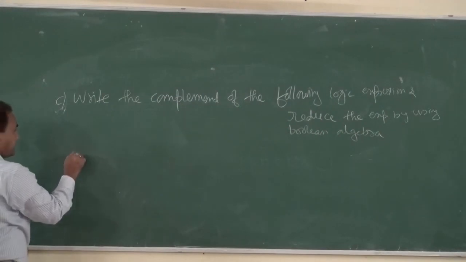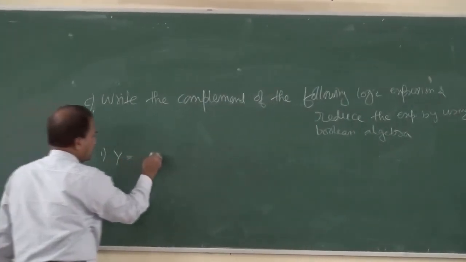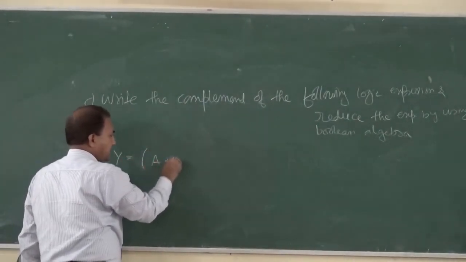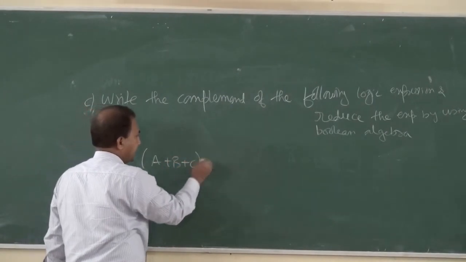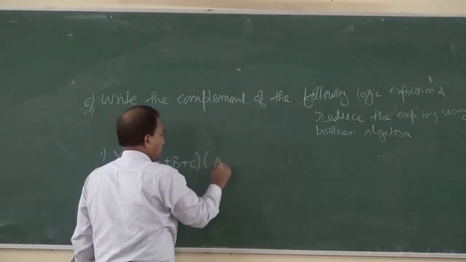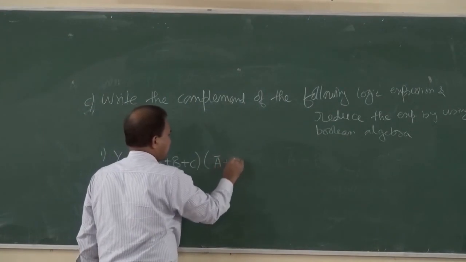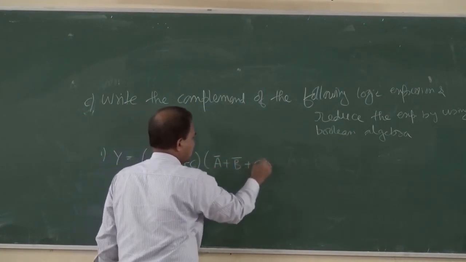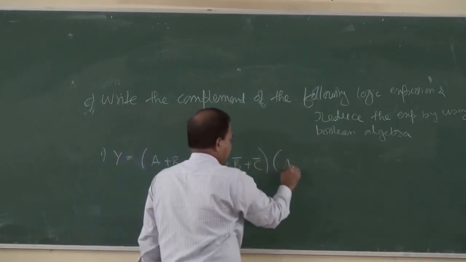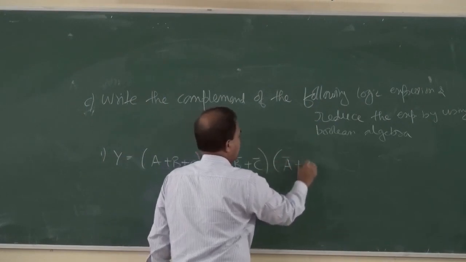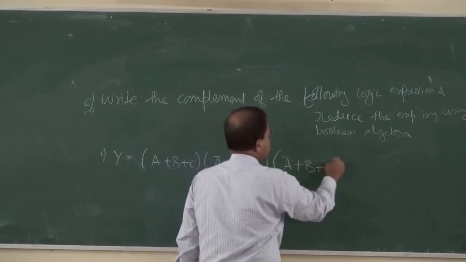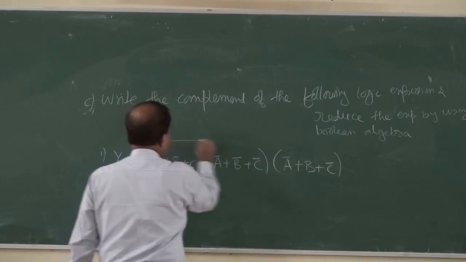First is Y is equal to A plus B plus C, A dash plus B dash plus C dash, A dash plus B plus C dash, whole complement.